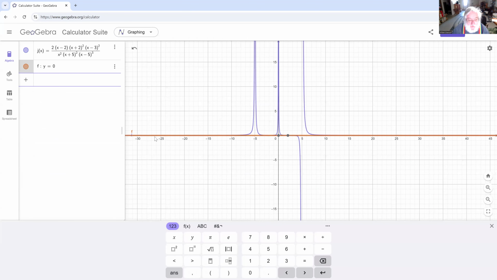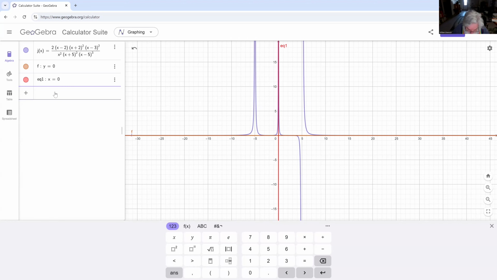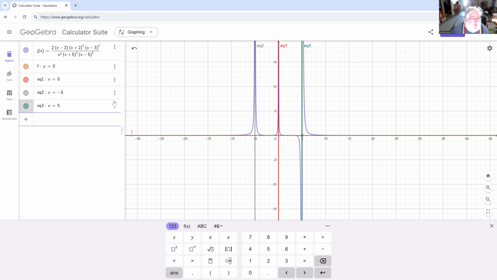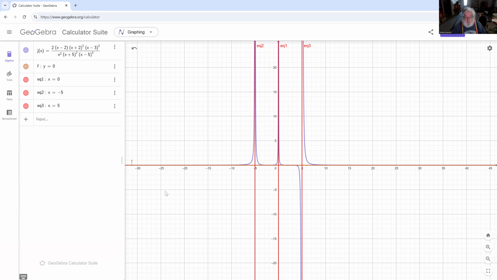Let's make that red. x equals -5 and x equals 5. And we'll make those both red as well. So those are various asymptotes. We have a horizontal asymptote, that's the x-axis, and 3 vertical asymptotes.